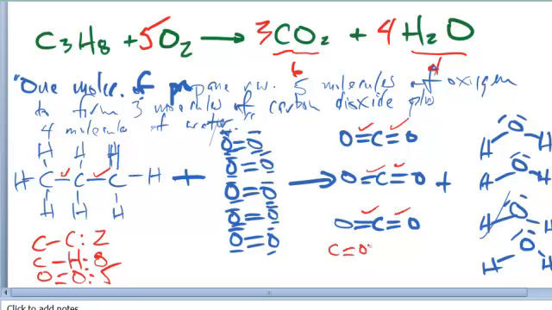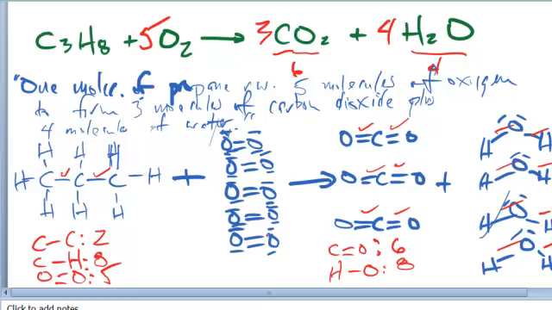So carbon-oxygen double bond, we have 6 of those. And then over here, among the water molecules, we have hydrogen-oxygen single bonds. I think you can see pretty fast that we have 8 of those. So that's hydrogen-oxygen, 8 of those.